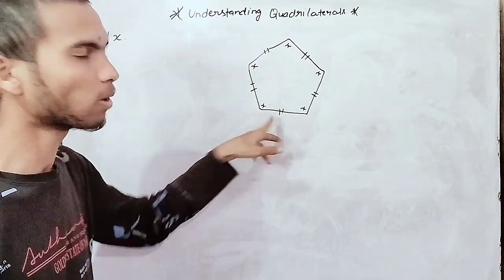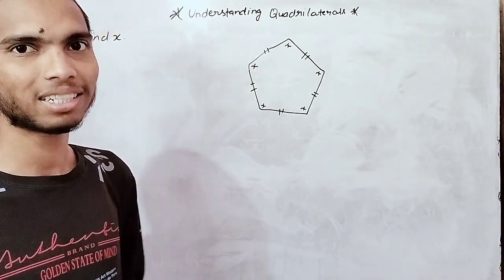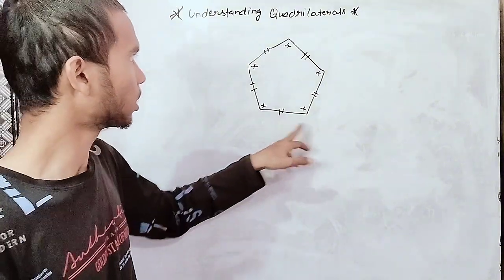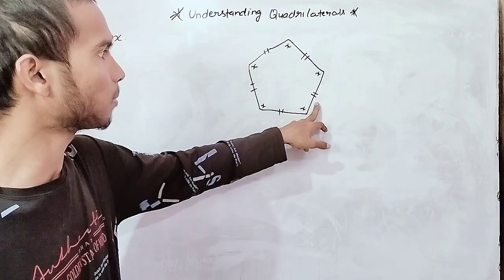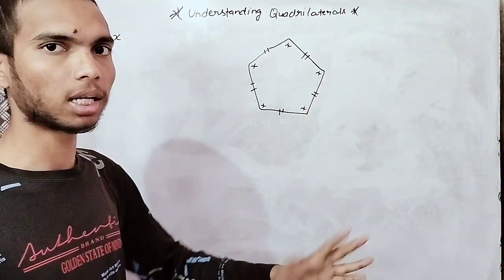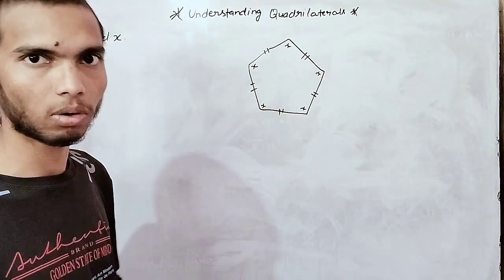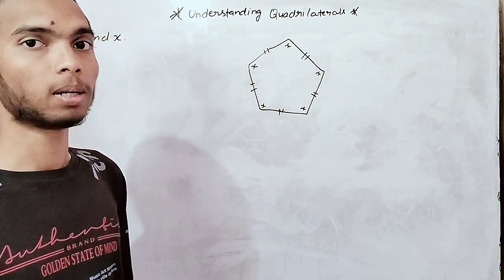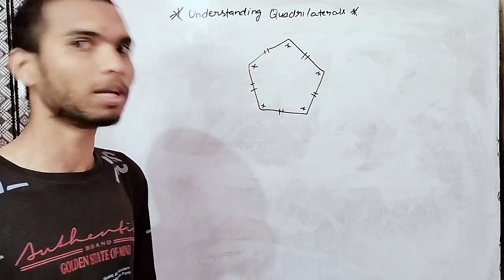Now, what is the meaning of this hint? This hint represents that sides are equal. The measure of this side and the measure of this side are equal to each other. So here, all sides are equal, and that's why the measure of all angles will be equal.